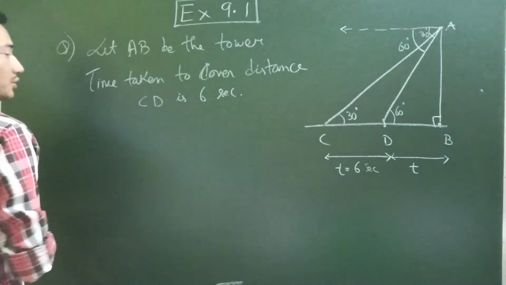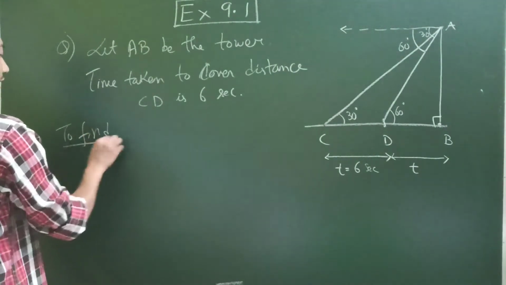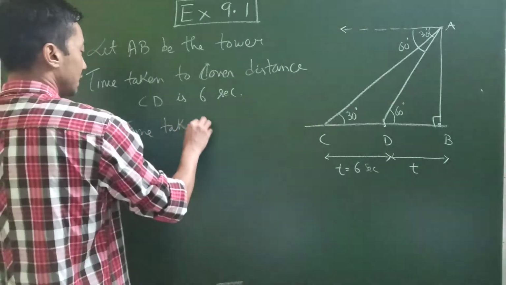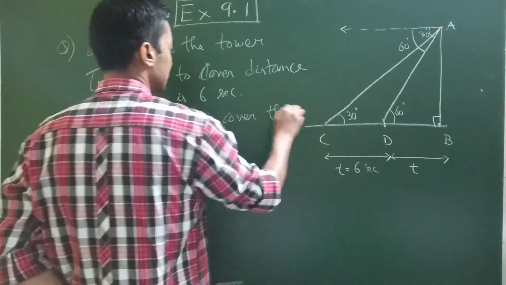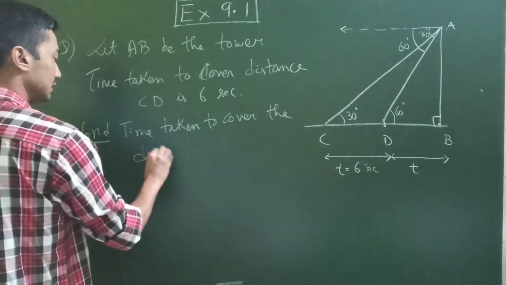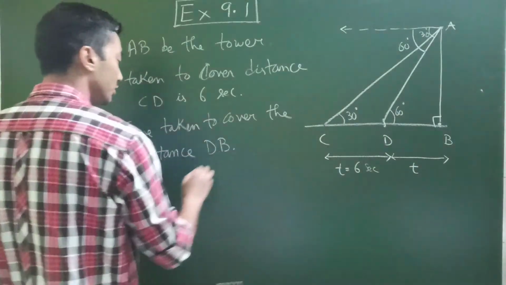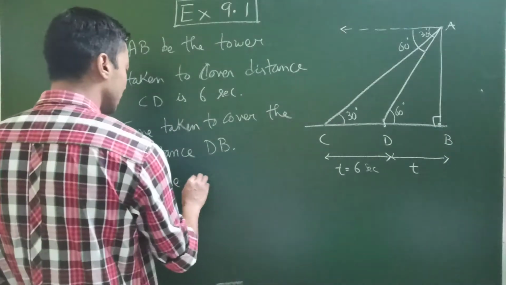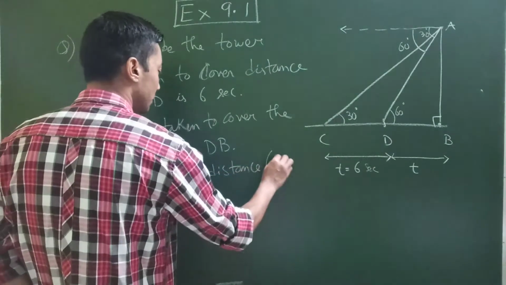Alright, so we are supposed to find the time taken to cover the distance DB. So we will just write down the formula also. Time taken will be distance, so that we will know what to find out.